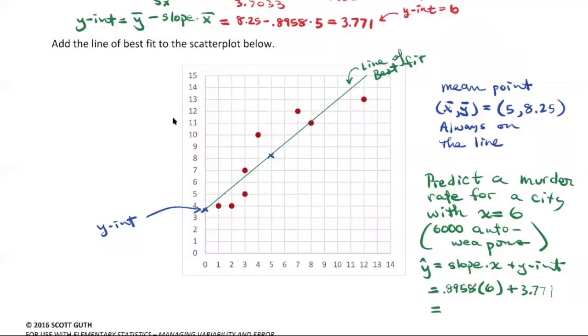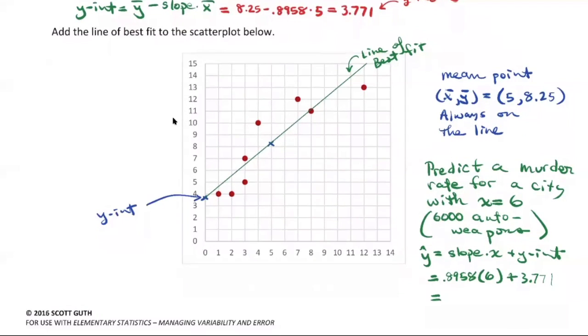So run the numbers. 0.8958 times 6,000, which is just represented as a 6, plus 3.771. Oops, I did it wrong again. Hang on.